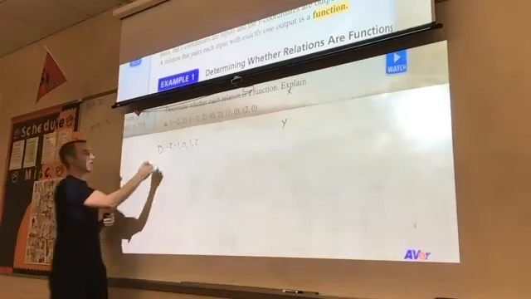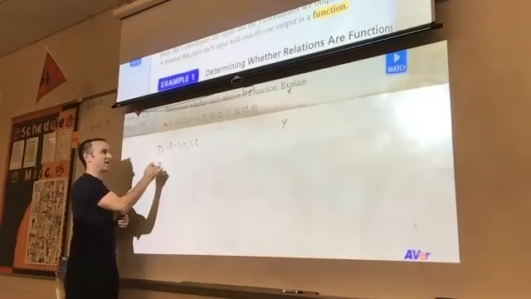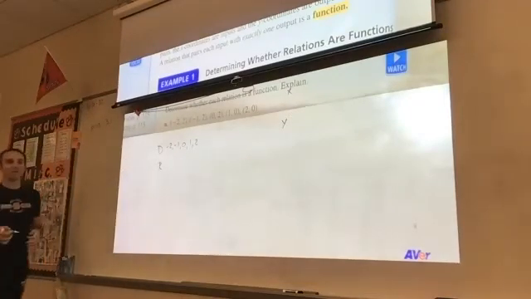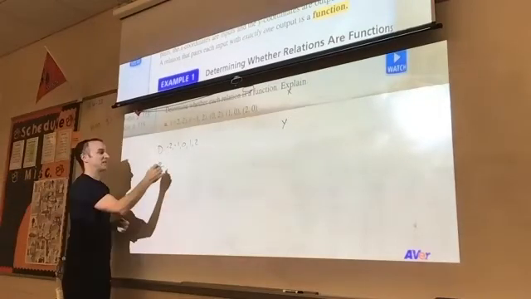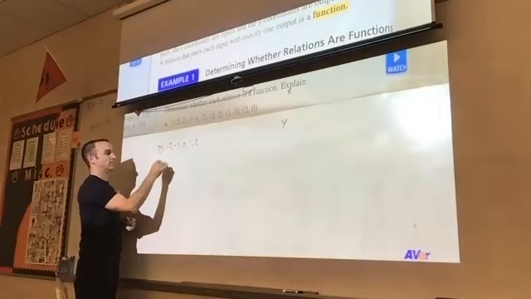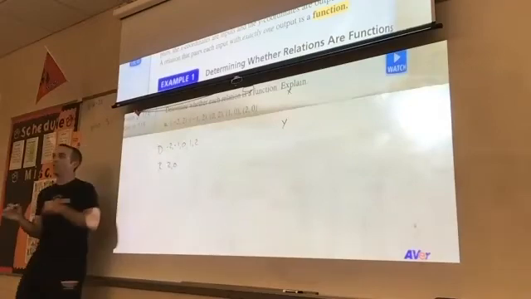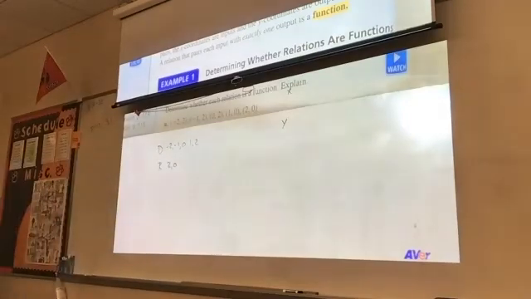Okay, my range are the y values in my relation. What y values do I have? There's 2 and 0. And I don't need to repeat them. I can just write them once, because we're not saying how many of each one there are. We're just saying what the possibilities are. The only possibilities we have for y are 0 and 2. That's it. So don't repeat them. Just write them once.